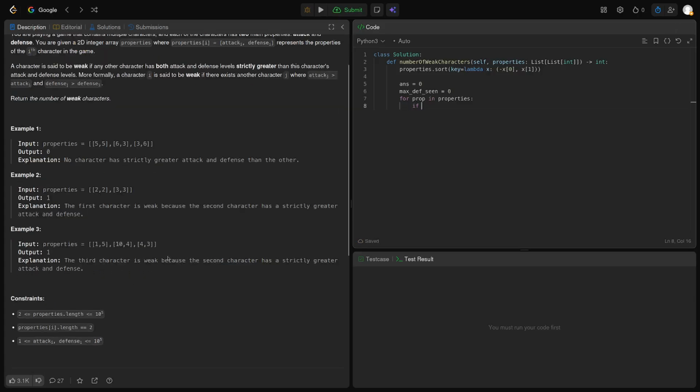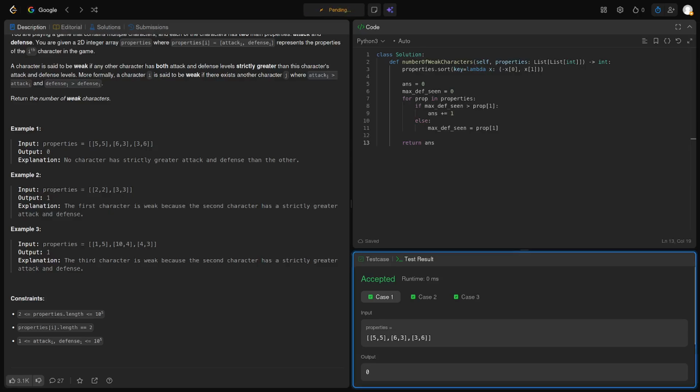It has to have both greater, I guess. If max def seen is over prop 1, then ans plus equals 1, and max def seen is the max. That should work.